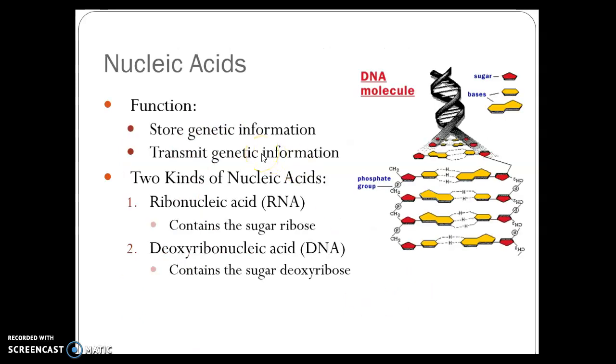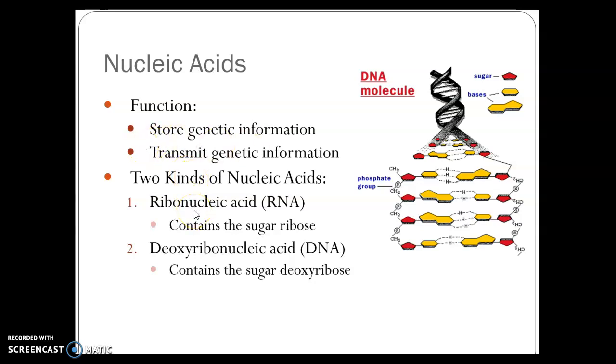What do they do? Well, definitely storing genetic information, because we all know that DNA is where our genes come from, and that's where we determine what we're going to look like and how our bodies are going to form and what different tissues are going to be created. We talked a little bit about this when we talked about proteins and protein synthesis, but so they store that genetic information.